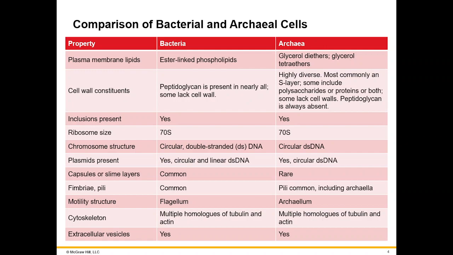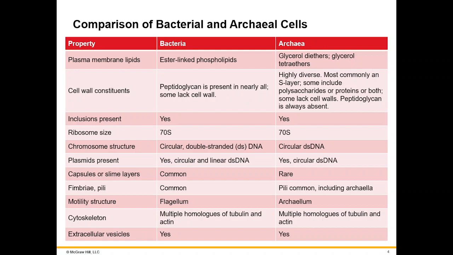But the archaea have more diverse cell wall constituents. The most common is what you call the S layer. Later we will talk about the S layer. There are also some polysaccharides and proteins in the cell wall, while some archaea lack a cell wall.